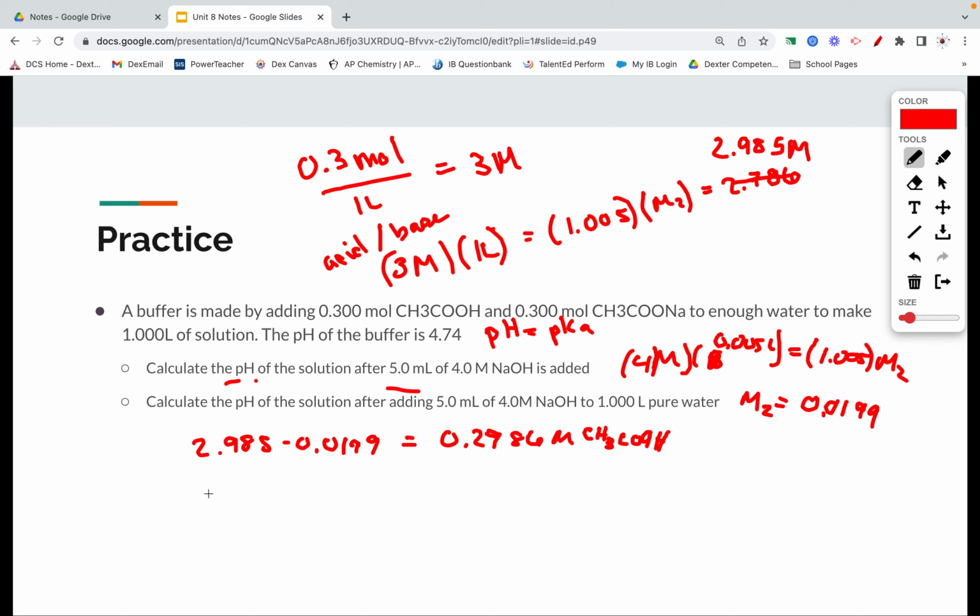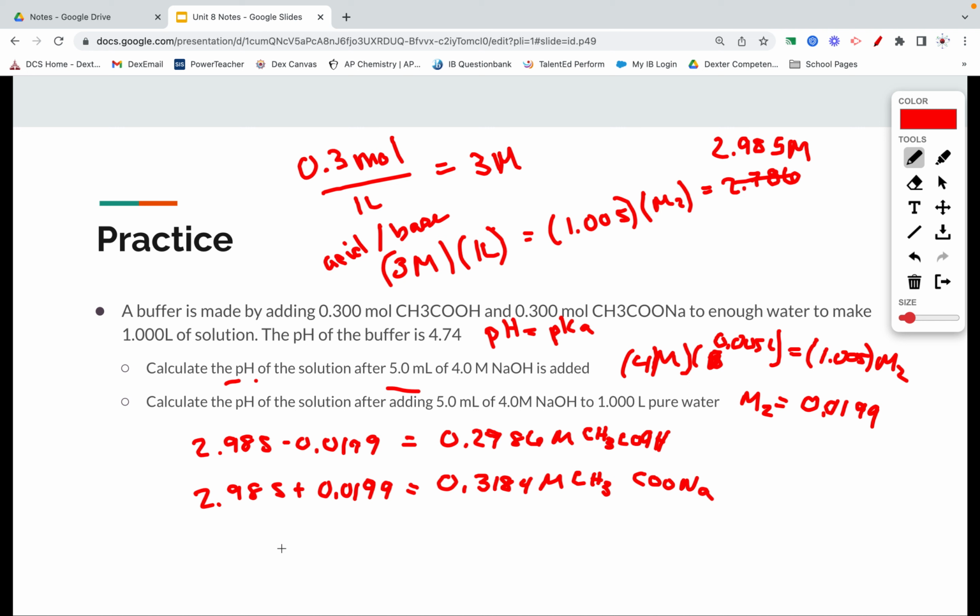Because we're doing that, our conjugate base increases, so we add 0.0199 to that, and we end up with 0.3184 for our base. And we assume all of the sodium hydroxide has been used up.